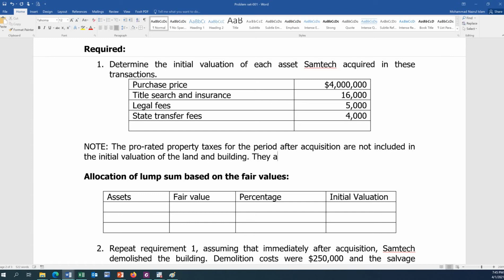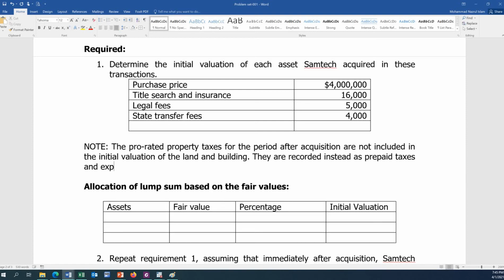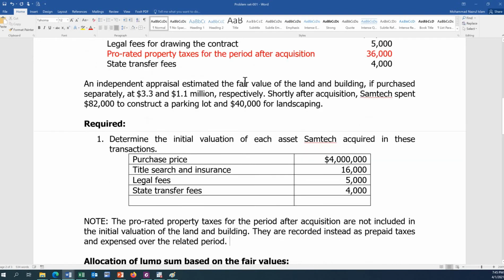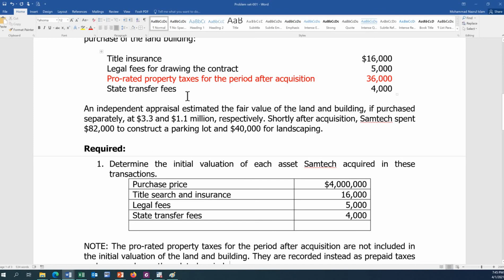They are recorded instead as prepaid taxes and expensed over the related period. This is the note for the prorated property taxes.